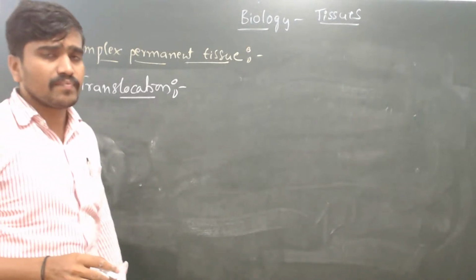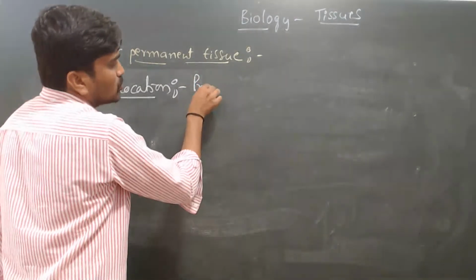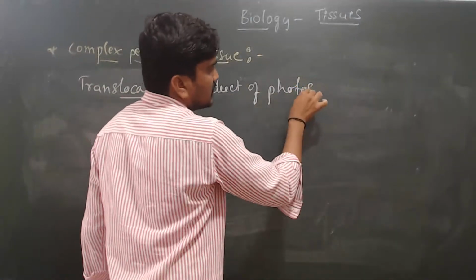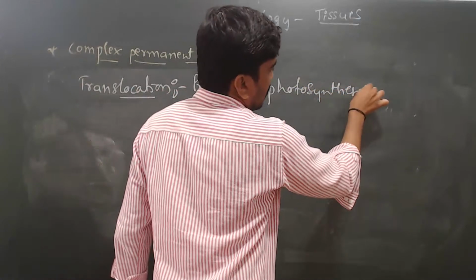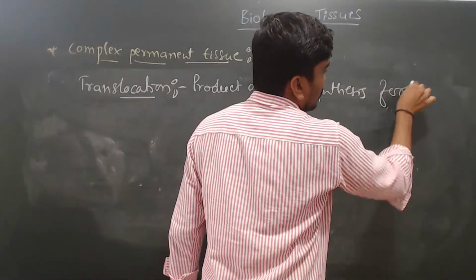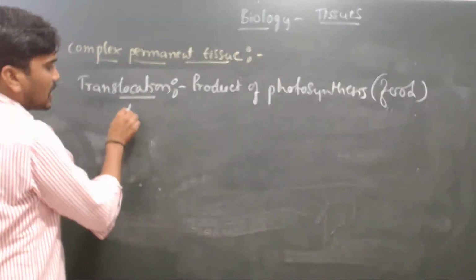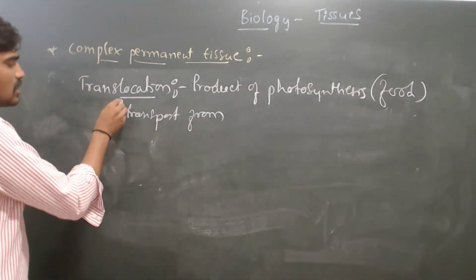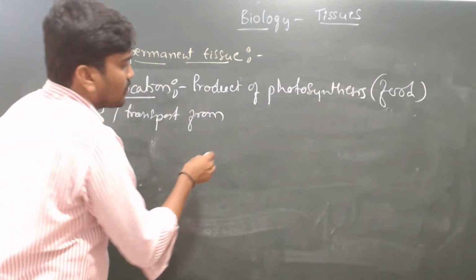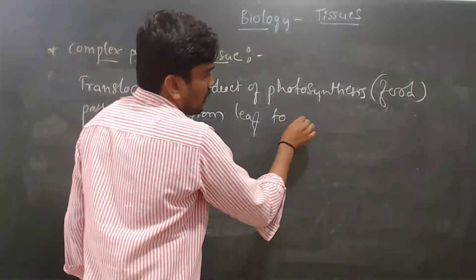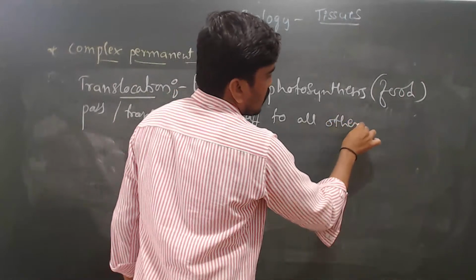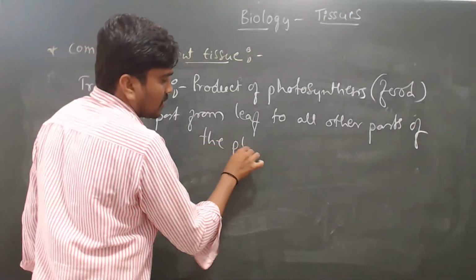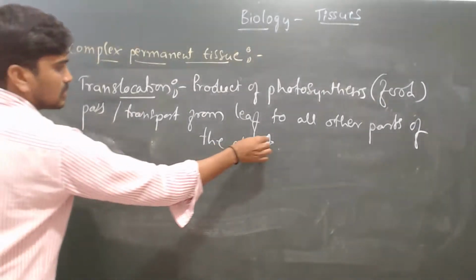Translocation is a process where the product of photosynthesis, which is nothing but food, is transported from the leaf to all other parts of the plant. This process is known as translocation.